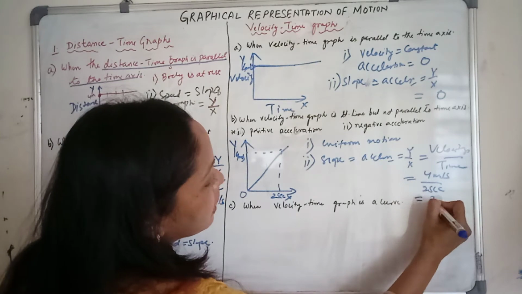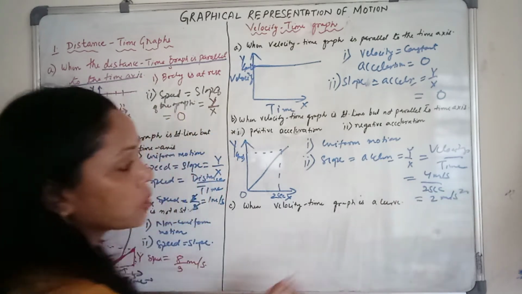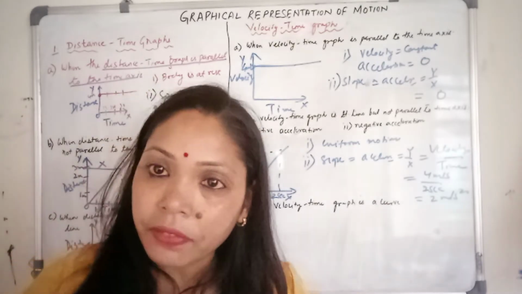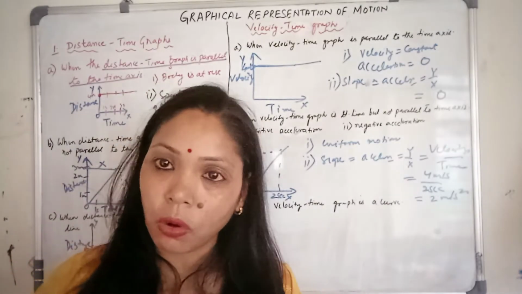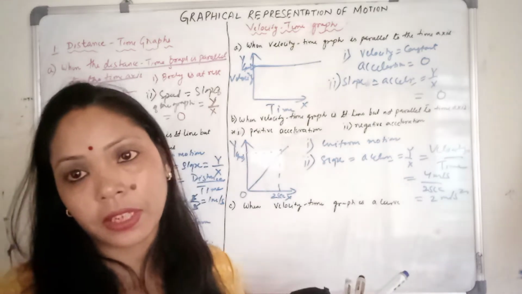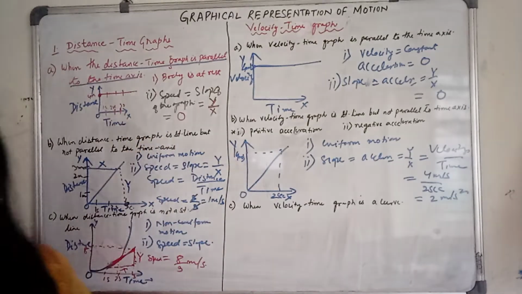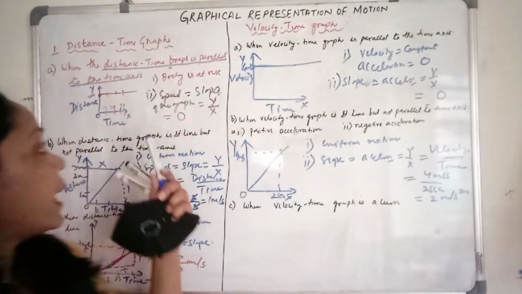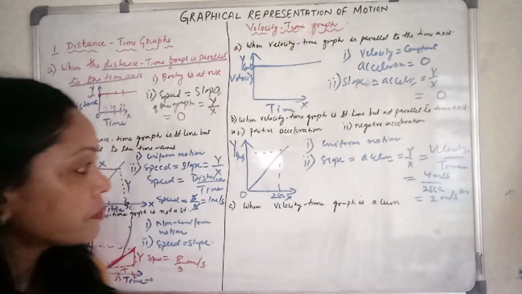So this comes as 2 meter per second square. It means if you draw the velocity time graph, then by finding the slope, you will get acceleration. If you draw the distance time graph, then by finding the slope, you will get velocity.